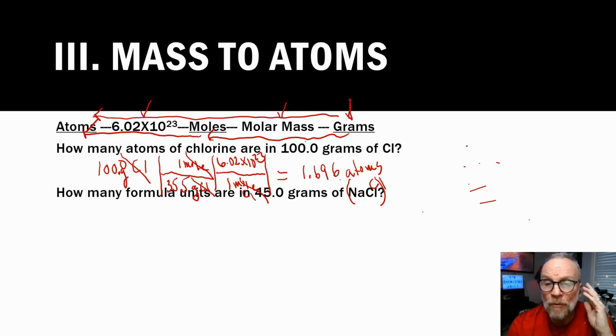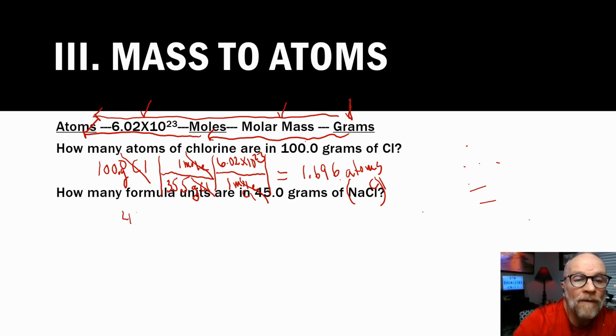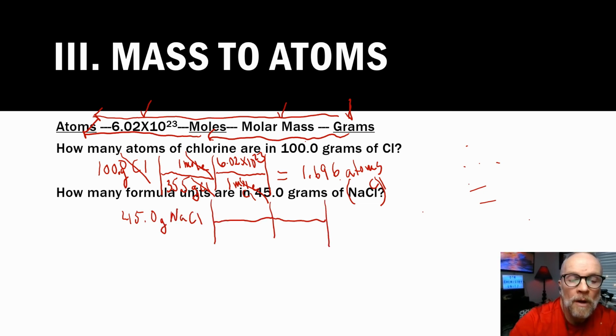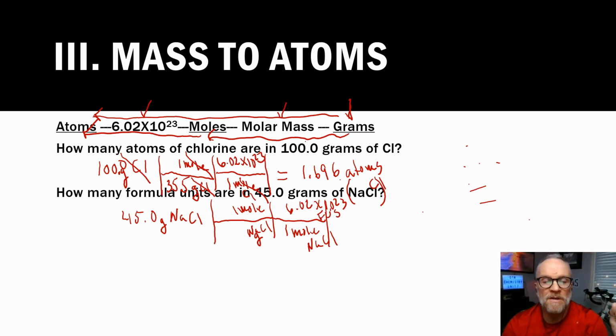In this example, we're doing the whole unit together, the formula unit together. And so we have 45.0 grams of sodium chloride. So we'd have grams of NaCl here per 1 mole. And then from every 1 mole of sodium chloride, we'd have 6.02 times 10 to the 23rd formula units, those whole units together.